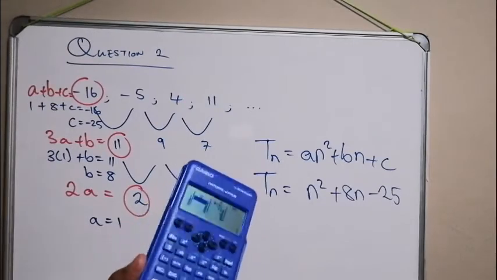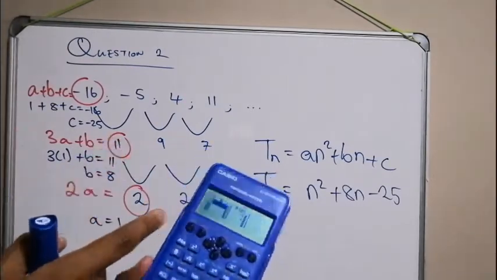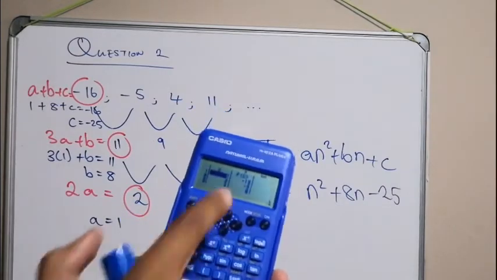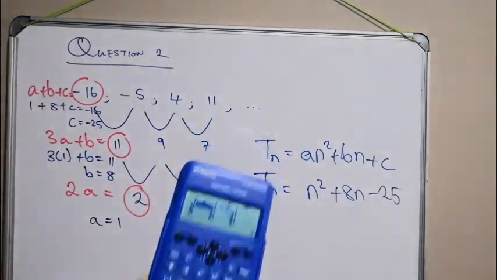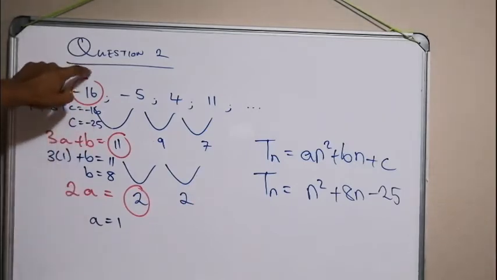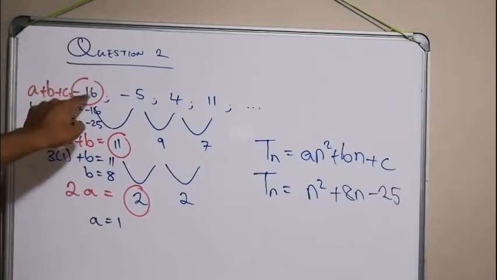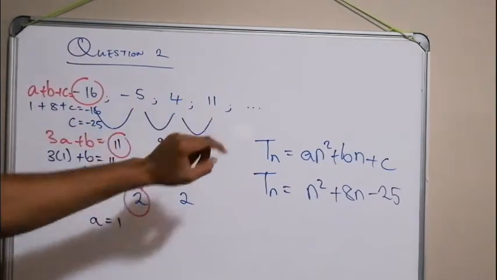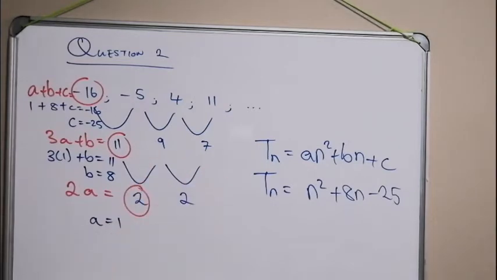So I went and double checked my answers with the calculator. You can actually see I'm making use of a table here, and my x's don't correspond with my y's. In other words, the number of my term doesn't correspond with the value of the term. So I get the first one, I get the second one, but I don't get the third and the fourth, which obviously means that my formula is wrong.